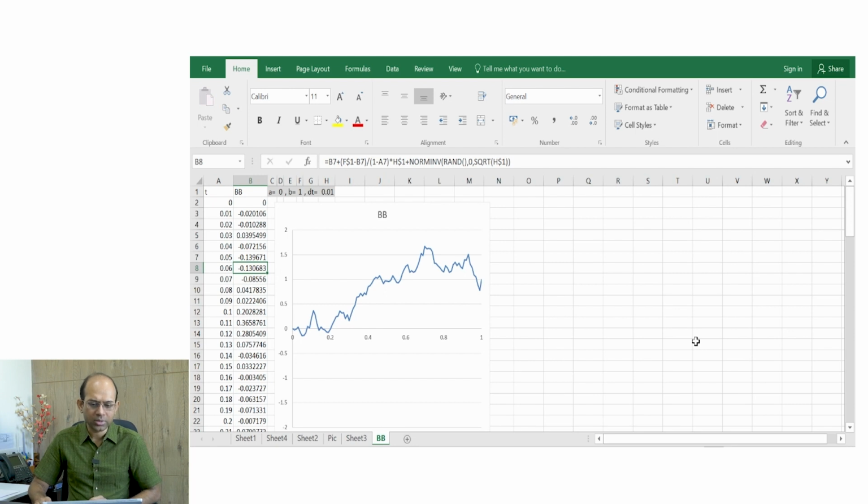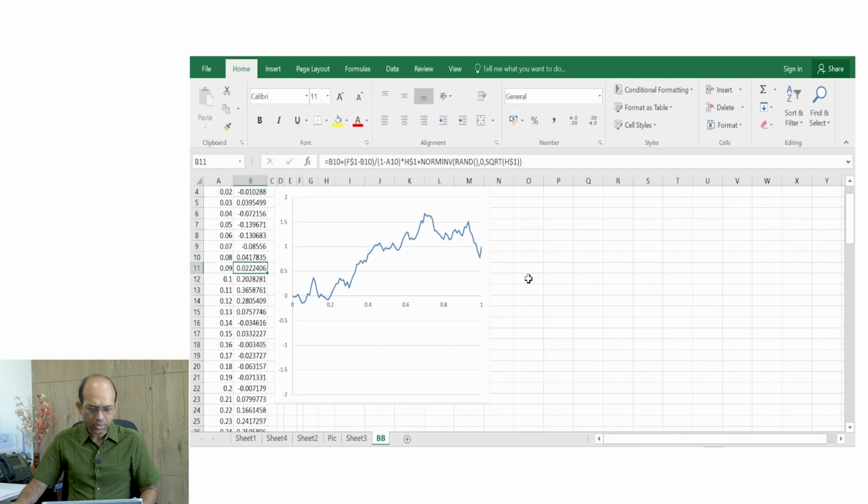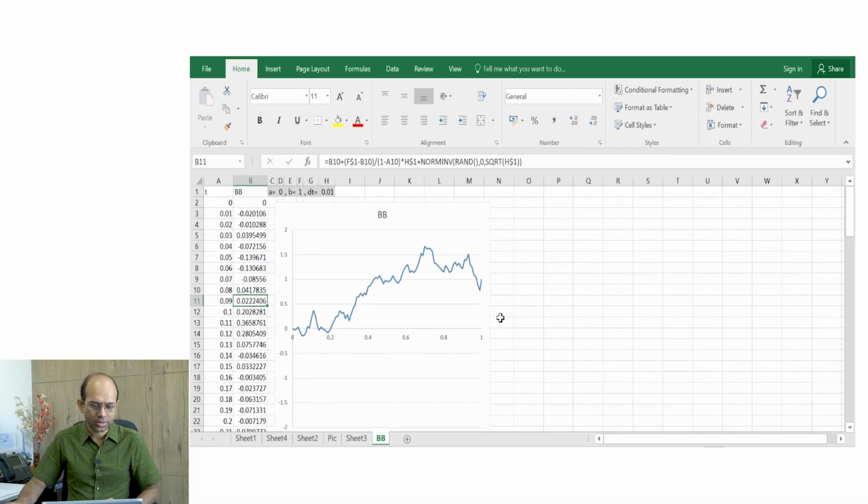Every time a different cell calls the same library function rand, one gets an independent realization of the uniform random variable on 0 1. I think I have pretty much explained how to simulate a Brownian bridge from the stochastic differential equation.